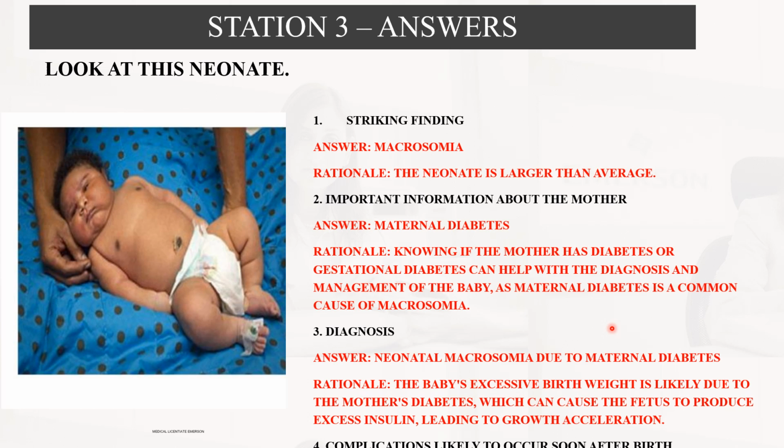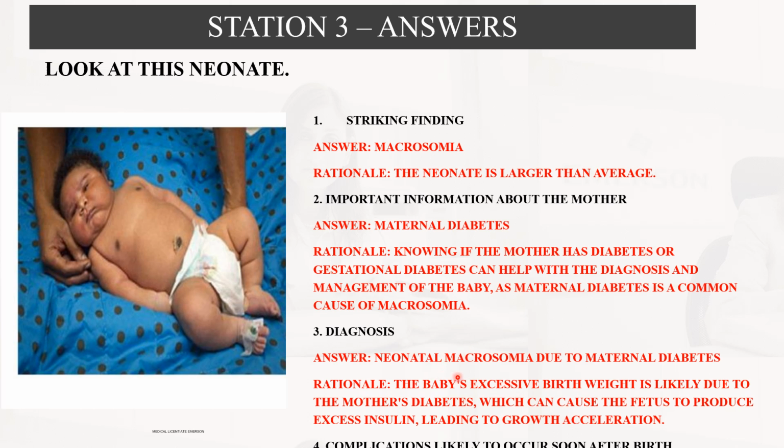Hope you are getting the point of putting due to maternal diabetes. But even if you put neonatal macrosomia, you are right, even if you don't put the due to what.